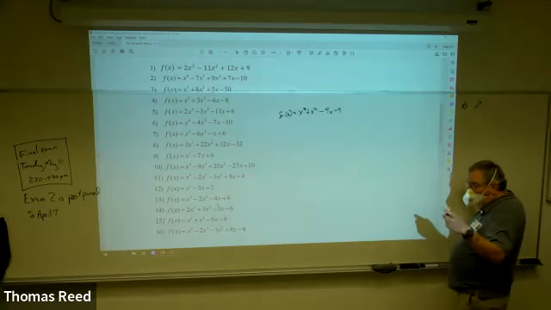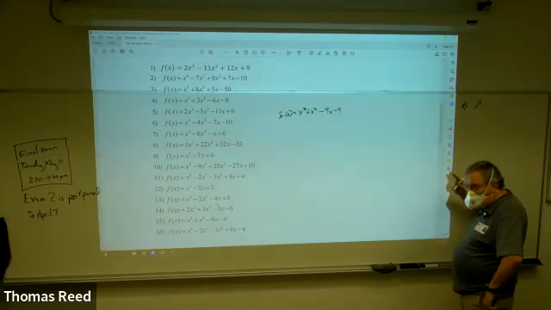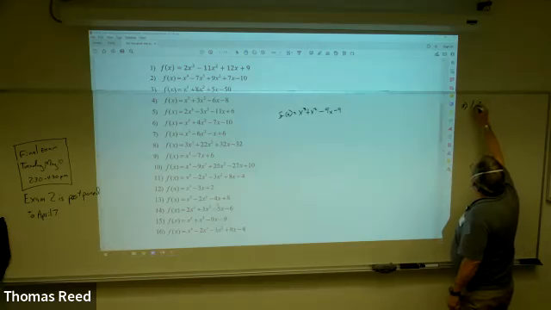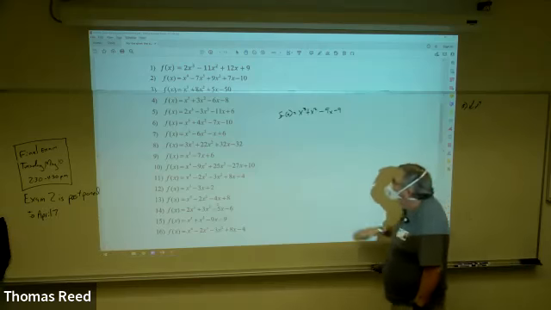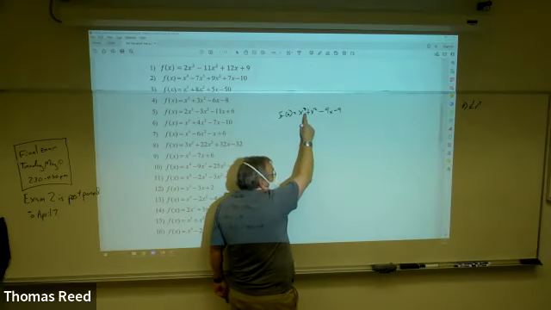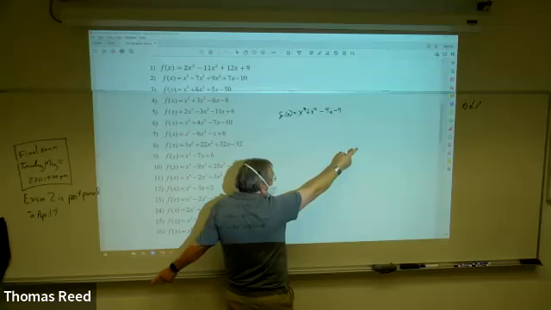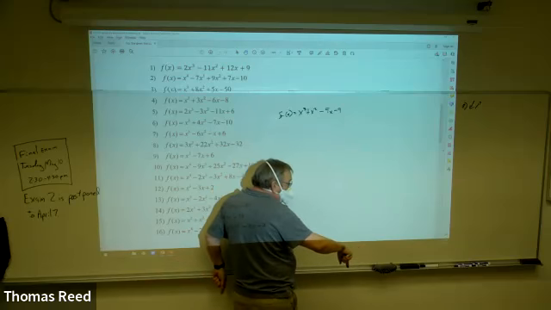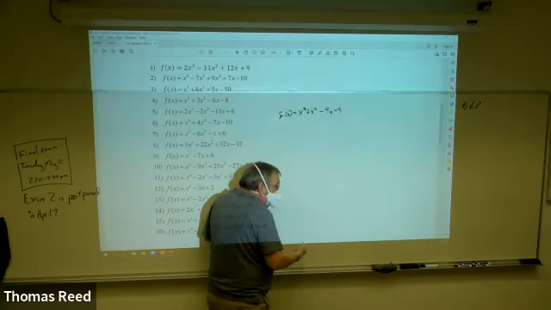Are they both going up? Are they both going down? Are they going in opposite directions? If it's an odd degree function, that's the highest exponent, they go in opposite directions. Right? With x squared, they both go up or they both go down. And that's true of all even degree functions.